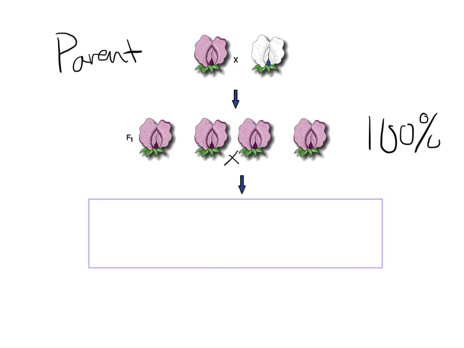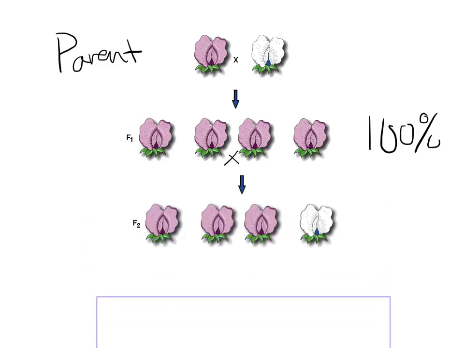And it turns out when you cross those two purple parents together, 75% of the offspring was purple and 25% of the offspring was white. So in the F2 generation, the second generation, white showed up again. But in the first round of reproduction, all of the offspring were purple.